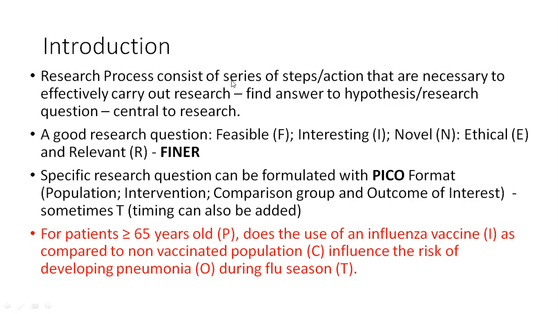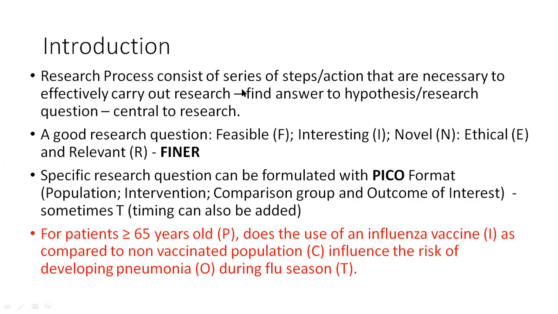One of the things you need for a research process is a hypothesis or a research question, which is the central, essential component of research. For a good research question, you should follow the FINER criteria: F is feasible, I is interesting, N is novel, E is ethical, and R is relevant.